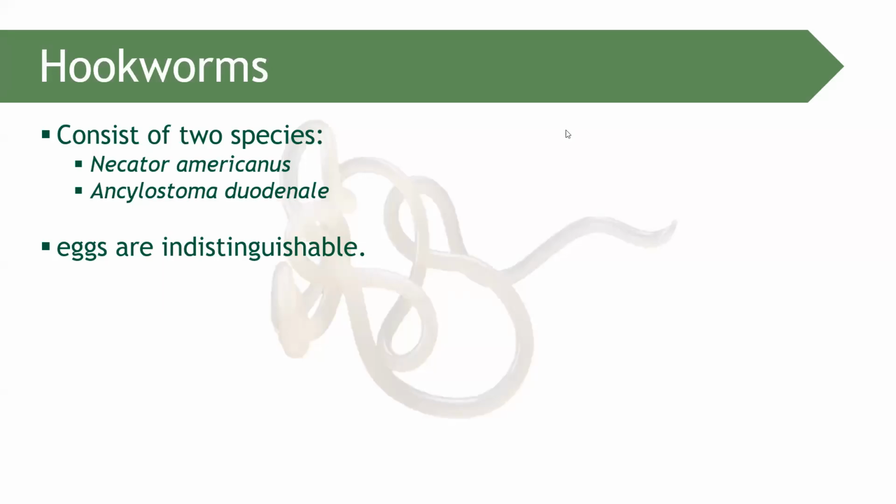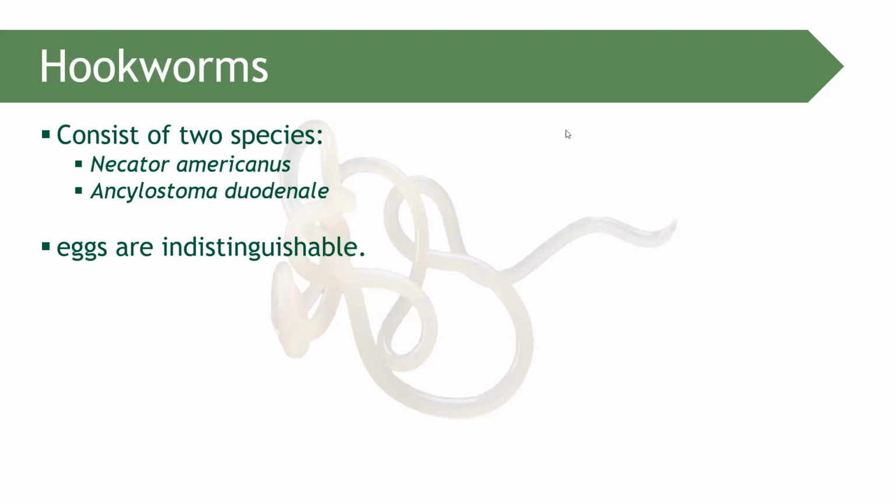All right. Okay, the next parasite that we are going to discuss, actually parasites kasi dalawa po ito. We have here your hookworms. Hookworms, again, is a general term for our Necator americanus and Ancylostoma duodenale.